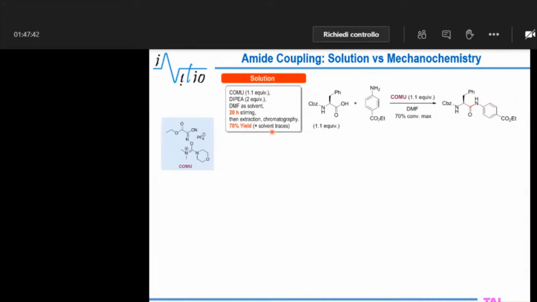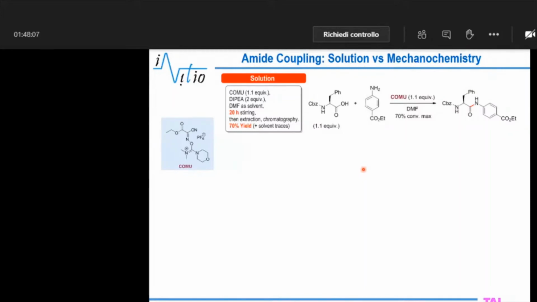So this is the maximal conversion you can get. The reason for that actually is that this reagent is also not perfectly stable in solution. It slowly degrades, interacts with moisture, and so on. So, a long story, and quite a modest yield, right?